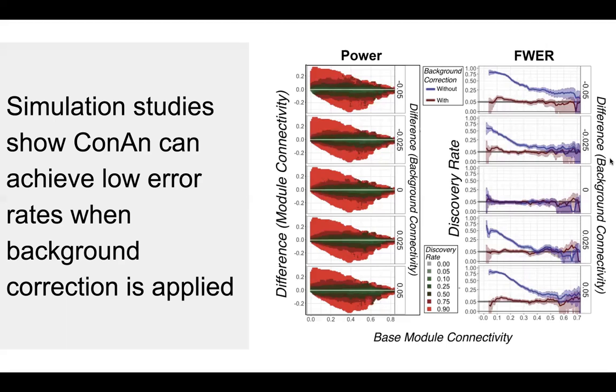The power evaluation shows that as the difference in module connectivity between two groups becomes larger, ConAn's discovery rate is increased, as shown in red. The family-wise error rate evaluation shows that ConAn can achieve very low error rates across all levels of variation when background correction is applied, shown by the red line.